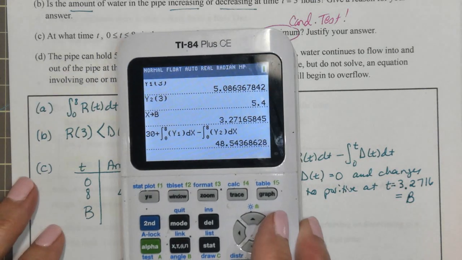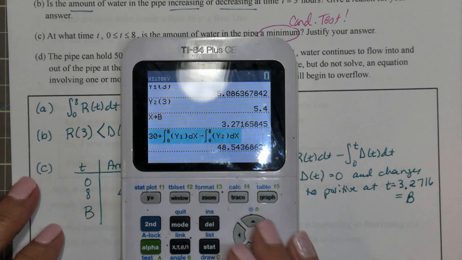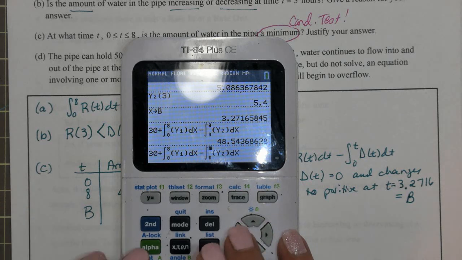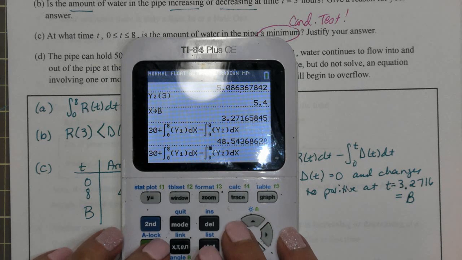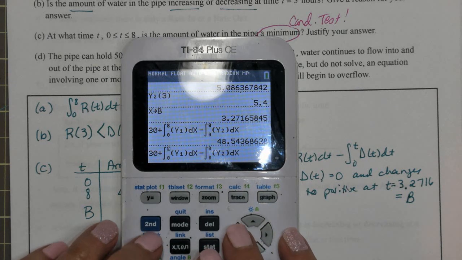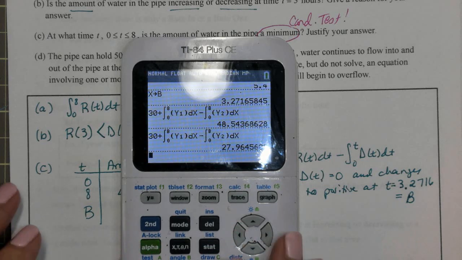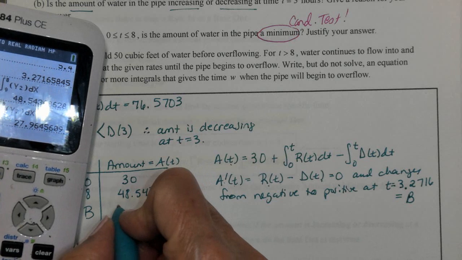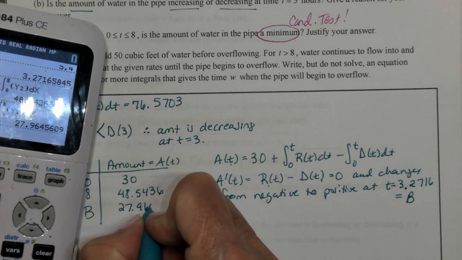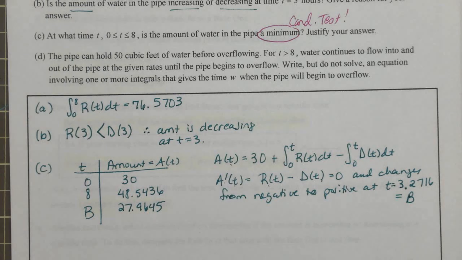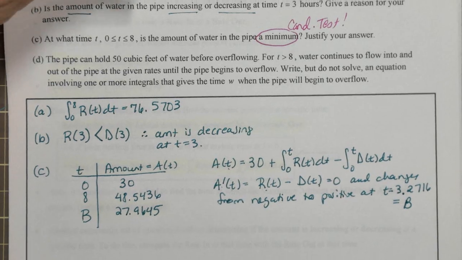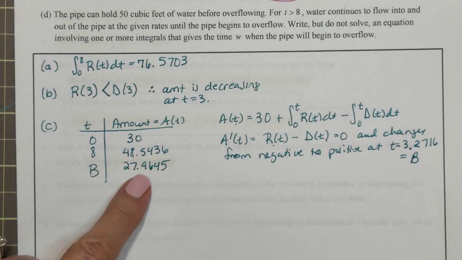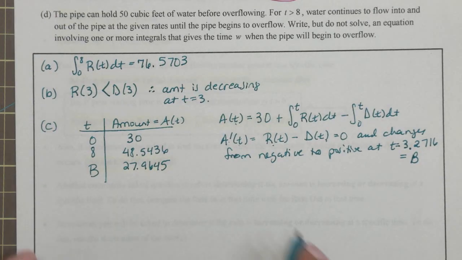Okay, for B, I go up. I change these 8s to B's to get that value. So 27.9645. So what was the minimum amount? This value. Yeah?